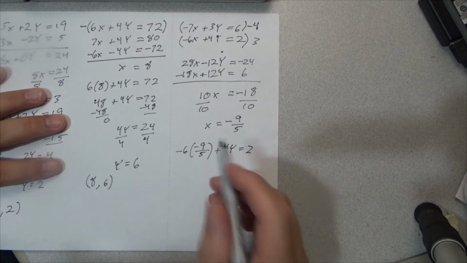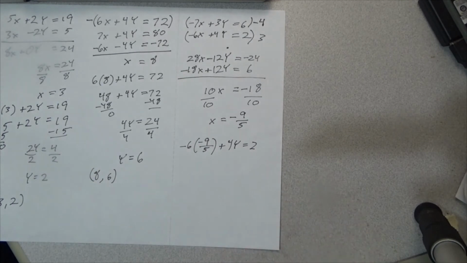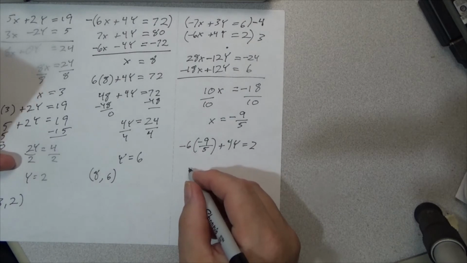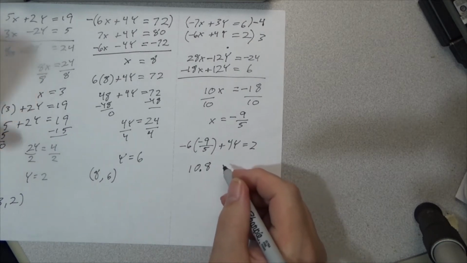Let's see here, 6 times 9 divided by 5. Is that a decimal I can work with? 10.8.